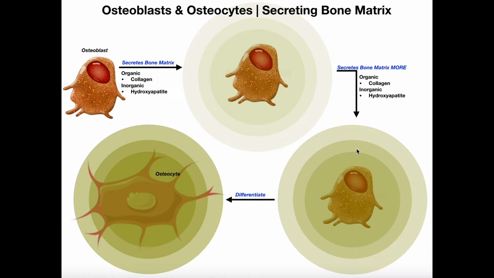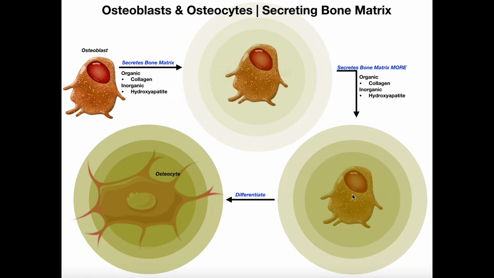And eventually, the bone matrix is going to become dense and hard enough that a lot of nutrients like oxygen, glucose, things that cells need, are going to have a hard time getting to the osteoblast. Because think about it. If it's secreting more and more of this bone matrix, then the nutrients that this osteoblast needs are not going to be able to diffuse very well through the matrix because it's so hard.